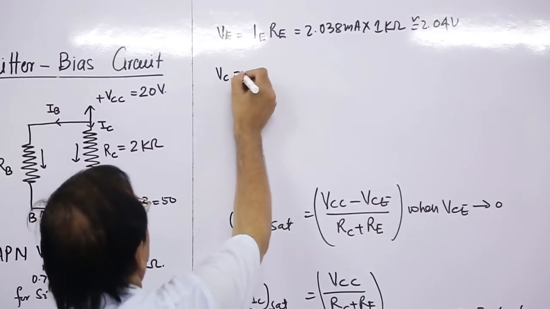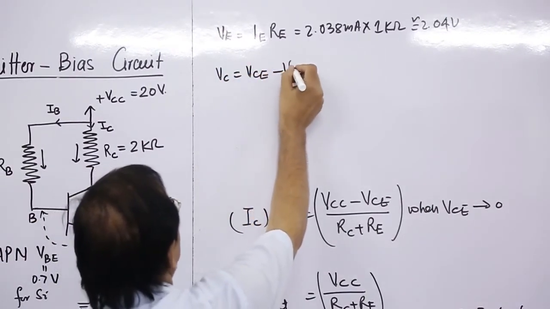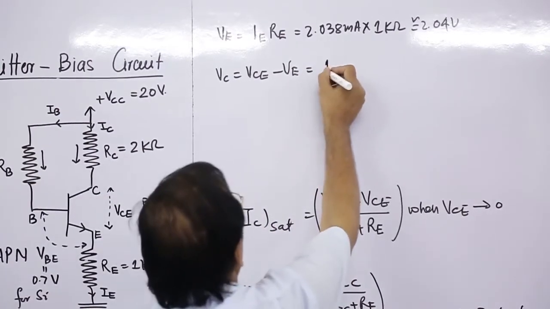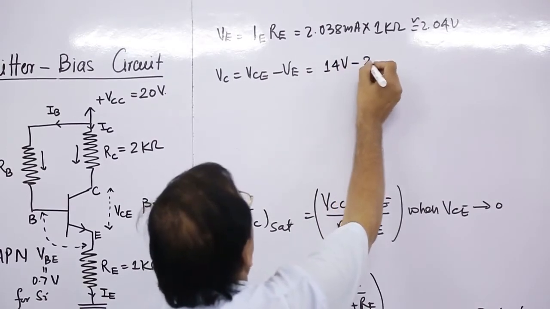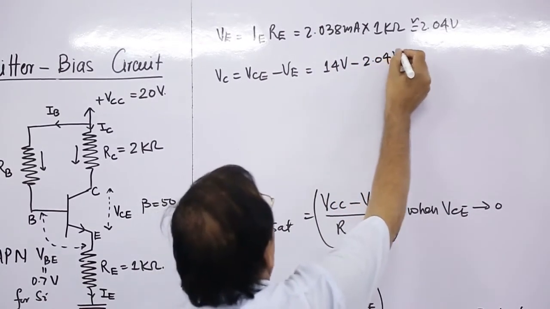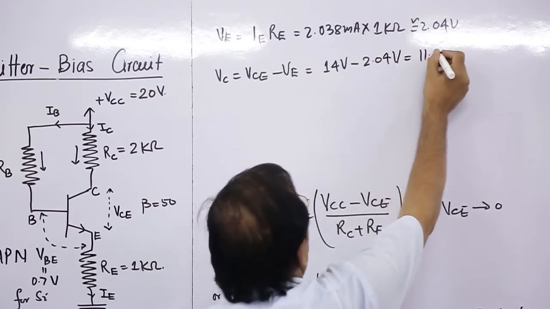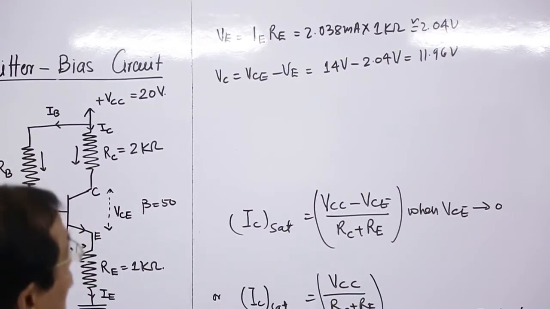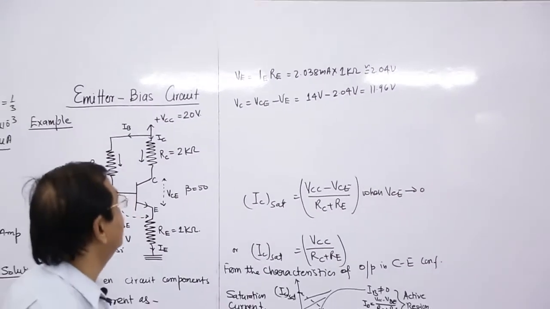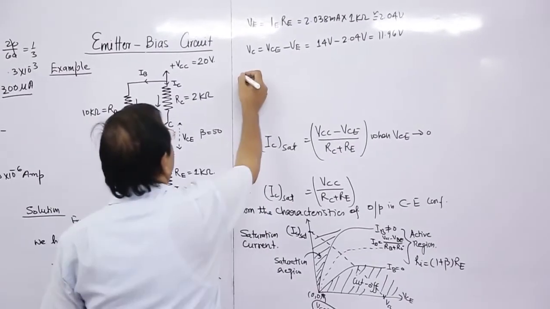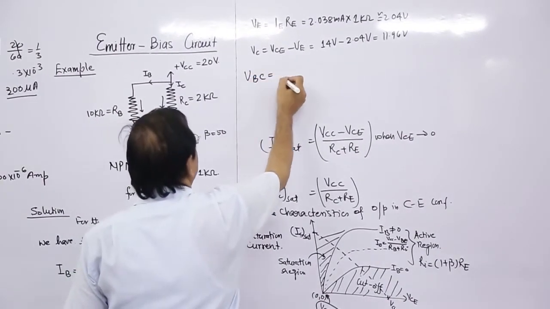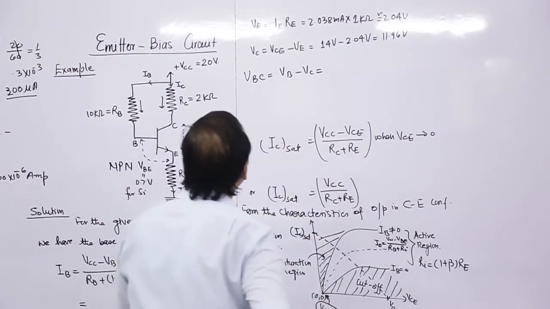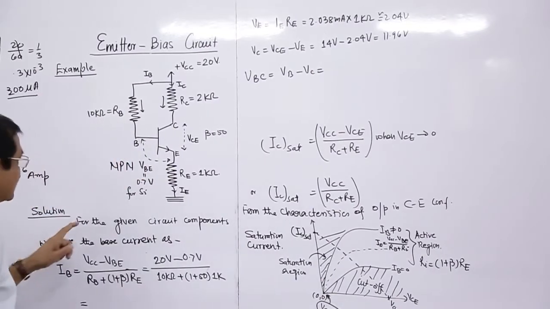So, VC is equal to VCC minus VE. This VCC is 14 volt, 14 volt minus 2.04 volt. So, it is 11.96 volt, that is 12 volt VC. And VBC, that is VB minus VC. What is the base voltage?